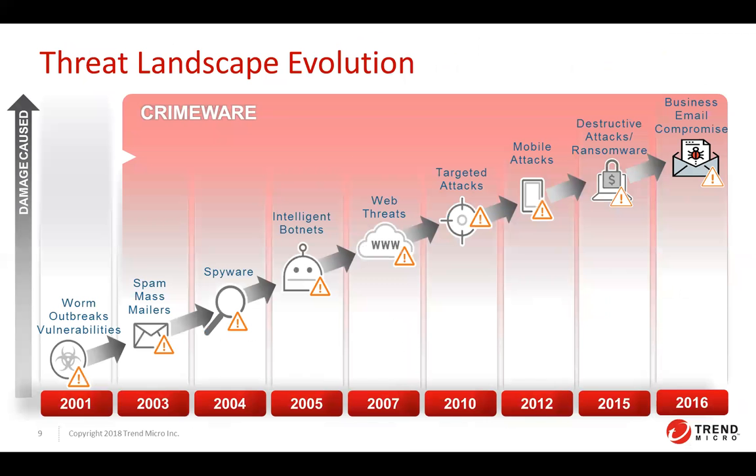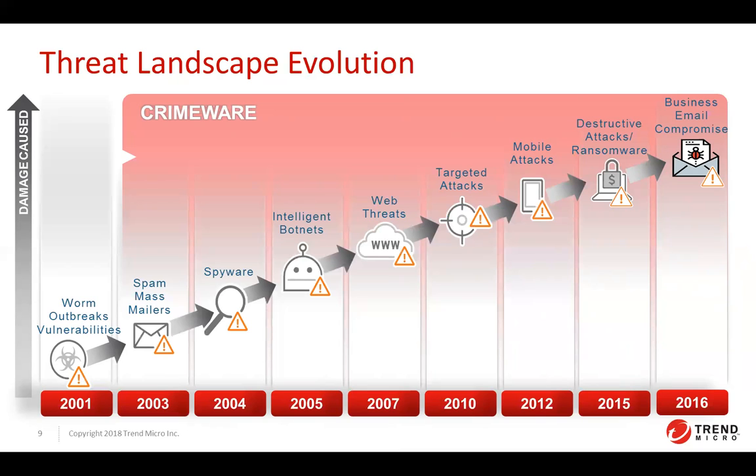If you look at the threat landscape evolution, we've been tracking this for many, many years. TrendMicro's been in business for almost 30 years now, and we've been tracking the threat types. What this really tells you is that threat actors are constantly evolving, right? And that's why TrendMicro, we've had to evolve our protections as well.